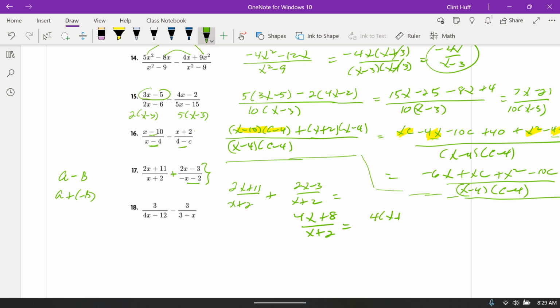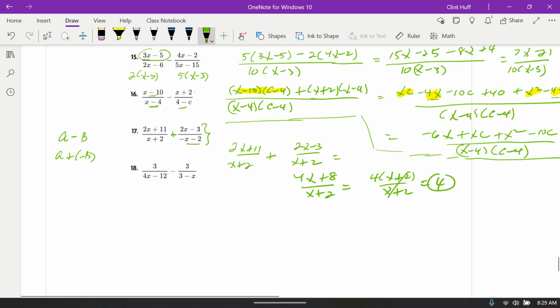So the numerator is 4 times (x plus 2) over x plus 2, which is 4. So number 17 should be 4. All right, I'm going to try the same thing on number 18. I'm going to write 3 over 4 times (x minus 3), factoring this. And I see the opposite over here, 3 minus x. I'll make it plus 3 over x minus 3.